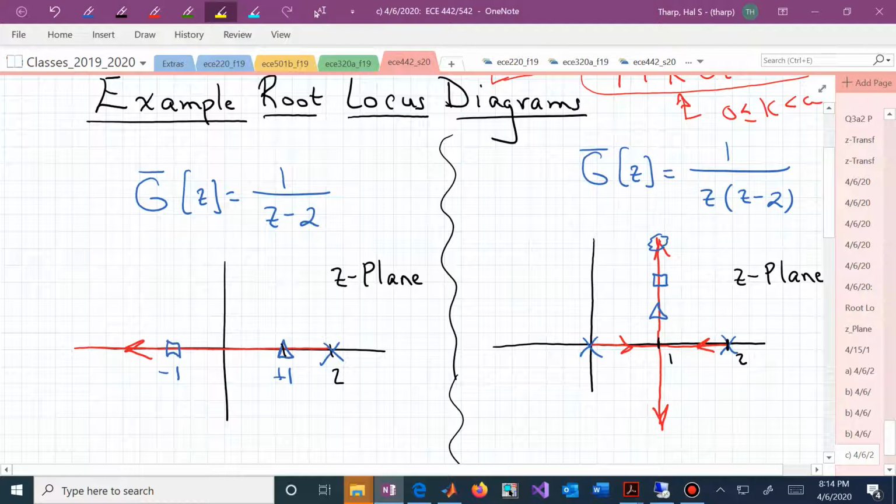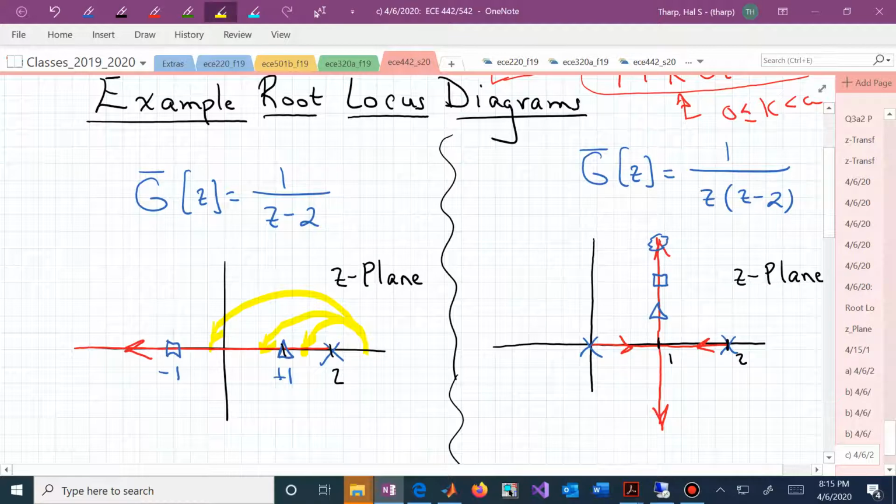What did we say? We're looking at the angle of these g bars. If we look at this particular point, from the pole we would have to turn through 180 degrees to get to that point.